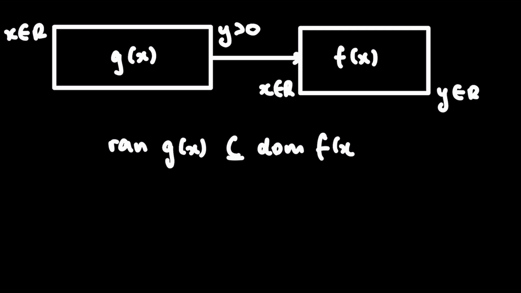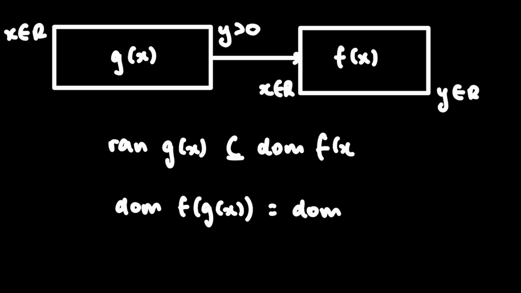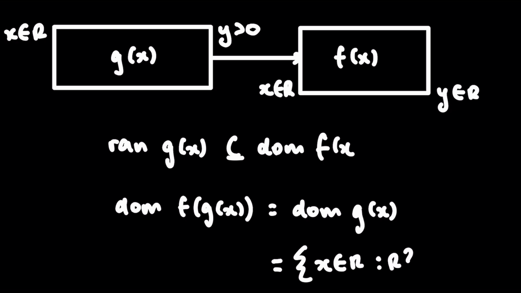So if we have a situation where the range of the first function is a subset of the domain of the second function, we know that the domain of the whole thing, f of g of x, is simply just the domain of the inside function, g of x. And because we know the domain of g of x is all real numbers, then the domain of f of g of x is simply all real numbers.